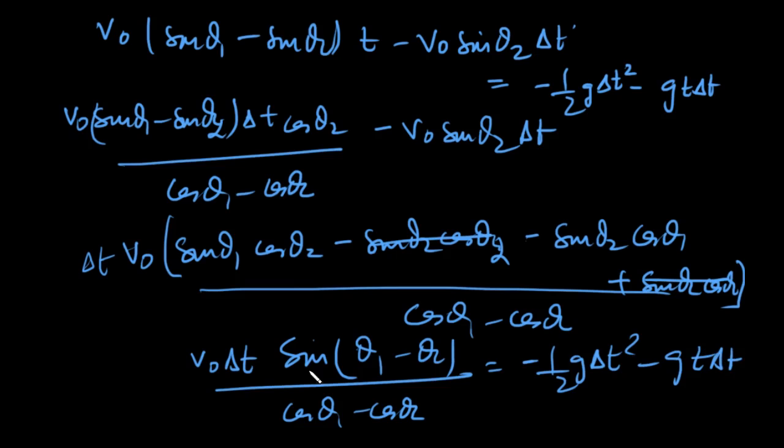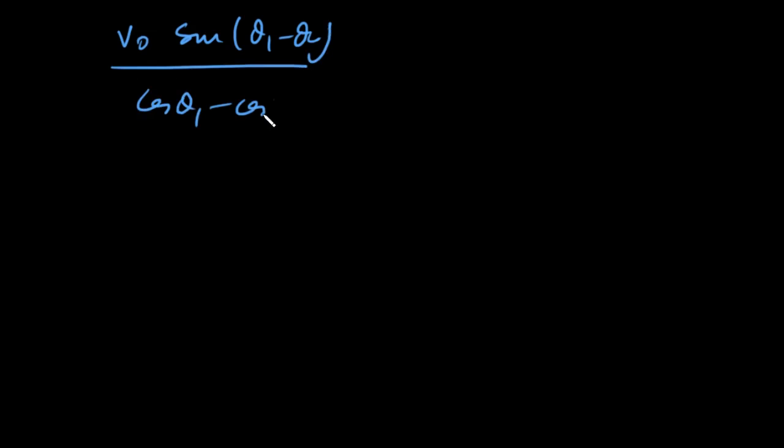Okay, delta t can be divided. Okay, so we have v naught sine of (theta 1 minus theta 2) upon cos theta 1 minus cos theta 2 equal to minus half g delta t minus g t. Okay, so we have v naught sine of (theta 1 minus theta 2) divided by cos theta 1 minus cos theta 2.